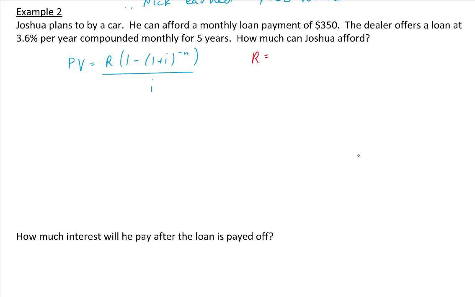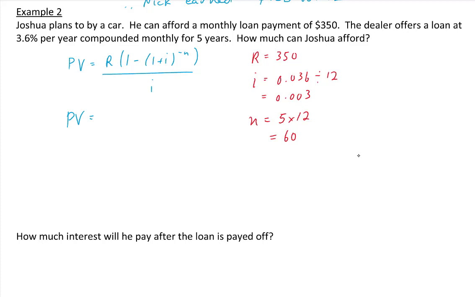We have our regular payment of $350. We have our interest rate of 0.036, but remember we want to convert it to months, so we have to divide by 12, and that gives us 0.003. And then we have the number of payments. So it's 5 years, but we want to convert it to months, so we times by 12, and we end up with 60. Next, we're going to sub this into our formula.